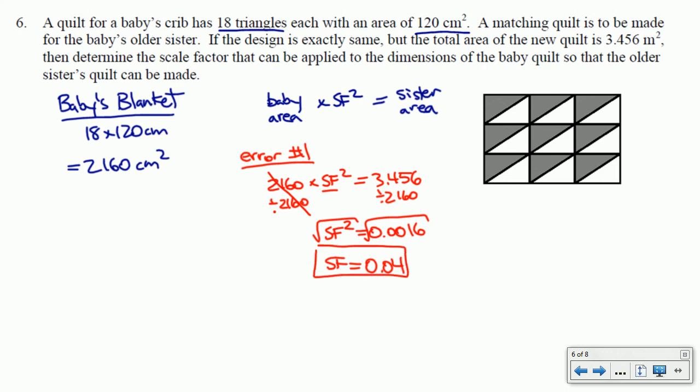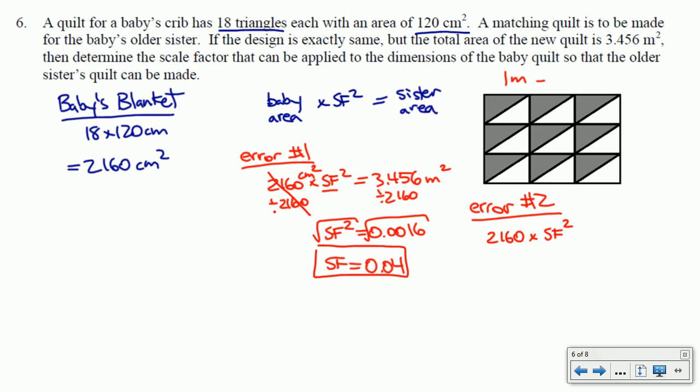So this turns out to be wrong because the units of area on the left side of the equation are in centimeters squared, and the units of area on the right side of the equation are given in meters squared. So let's see if we can correct that. So again, I'll use 2160 for the area of the baby's blanket. Multiply that by the scale factor squared, and this time I'm going to be a little bit smarter.